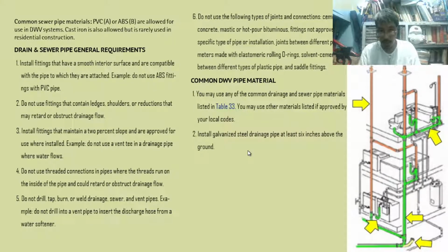Now, let's go to common DWV pipe material. You may use any of the common drainage and sewer pipe material listed in table 33. So we will take a look at the table. You may also use other materials listed if approved by your local codes. What are those?